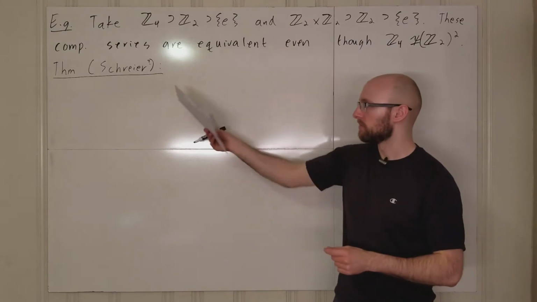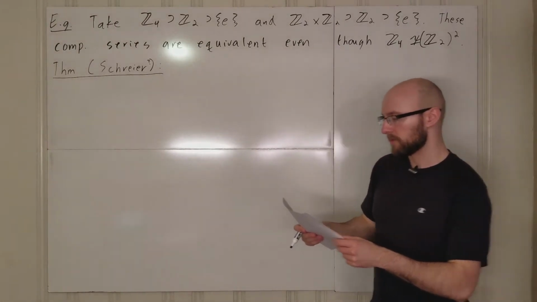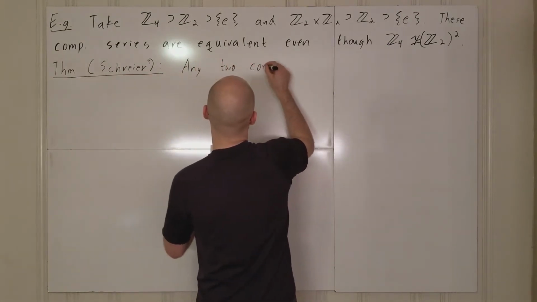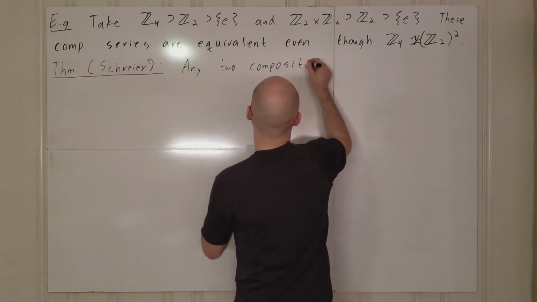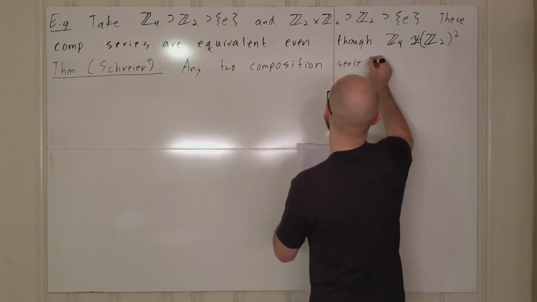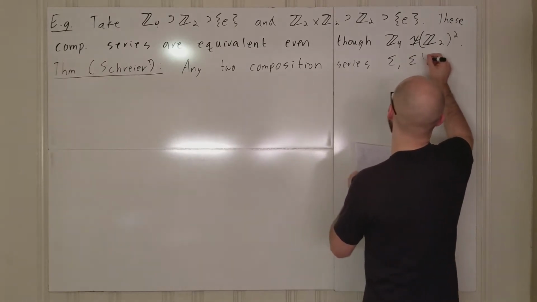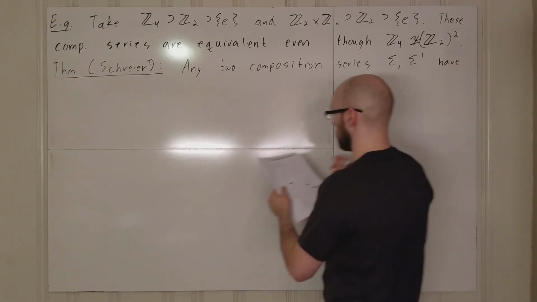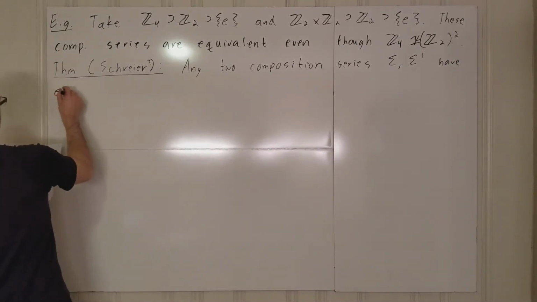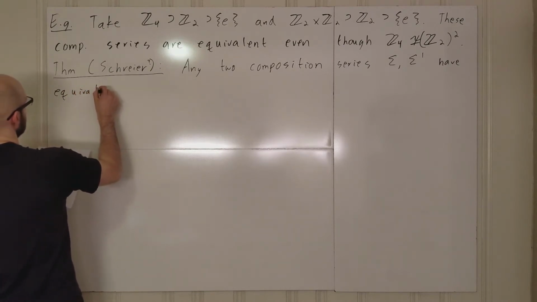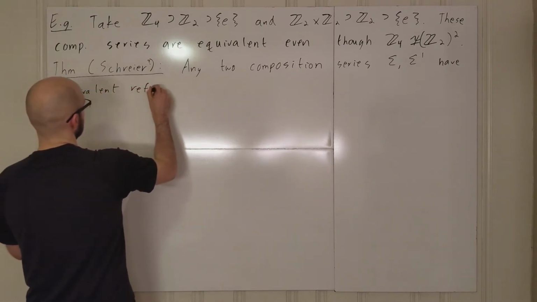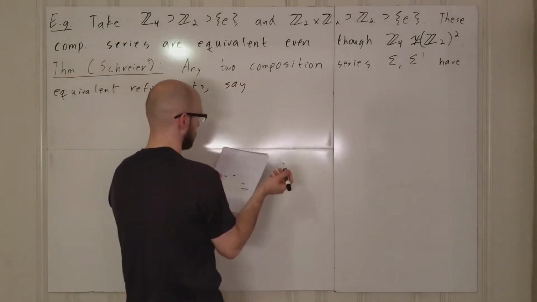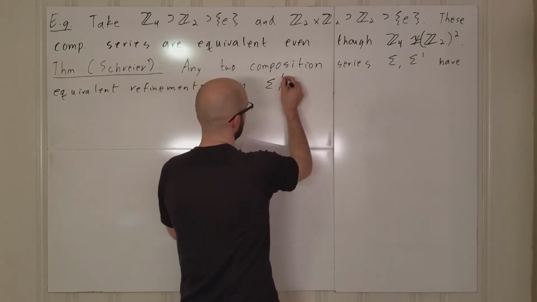Schneebly. So this is going to be the Schreier Refinement Theorem, and it says that any two composition series, let's say sigma 1 and sigma 2, have equivalent refinements.